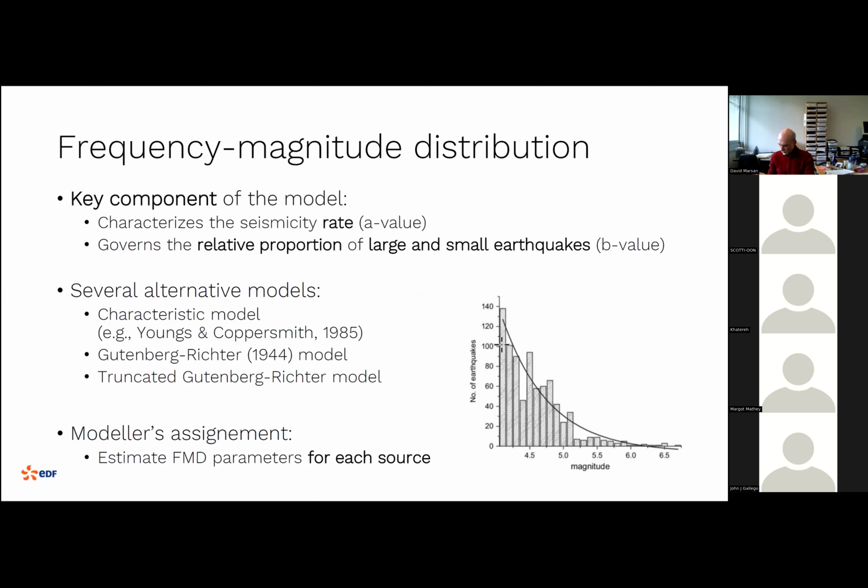So again, you can characterize your distribution using different families of models. There is the characteristic model, sometimes used, and there is the well-known Gutenberg-Richter model. So this is one of the important assignments of the modeler: to estimate the frequency magnitude distribution parameters for each source.